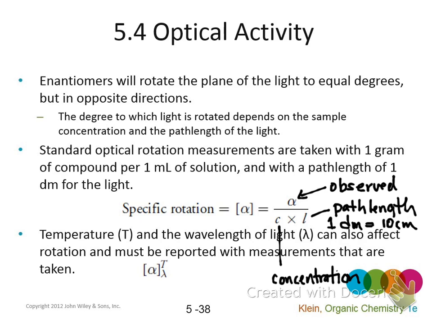The concentration kind of makes more sense. It's the grams dissolved per milliliter. Now, if you have a pure substance, what is grams per milliliter units of? Grams per centimeter cubed, grams per milliliter, what do we usually attribute that unit to? Density.